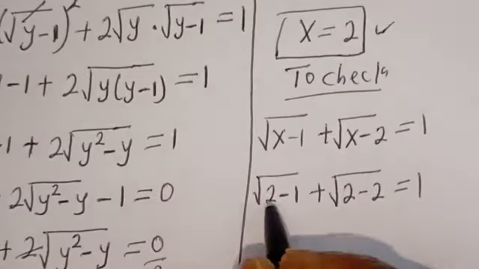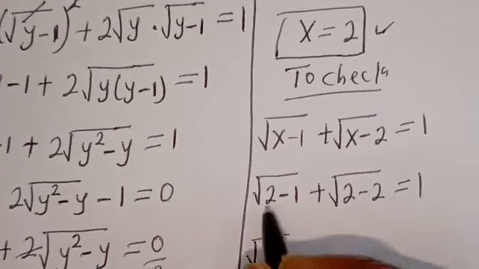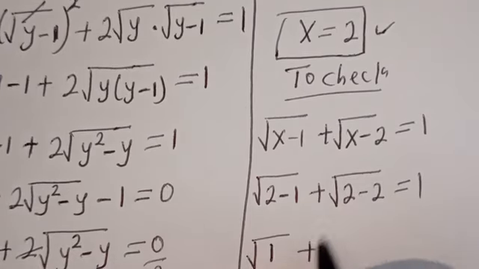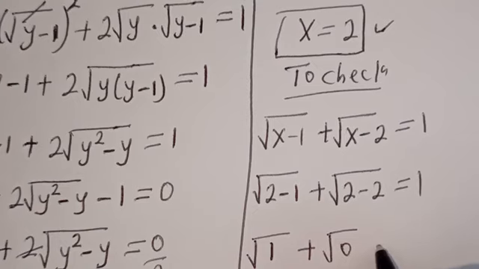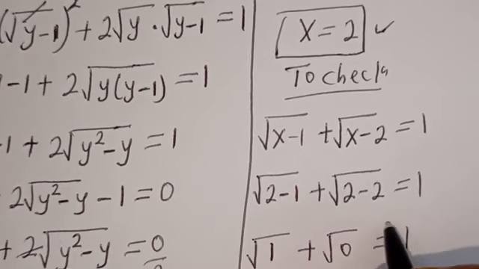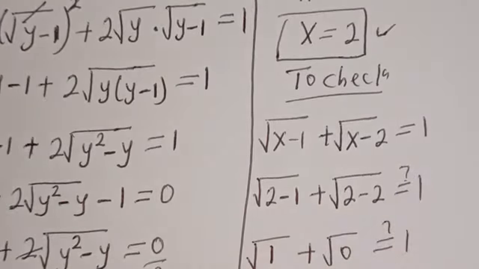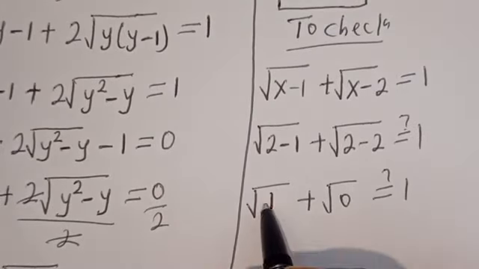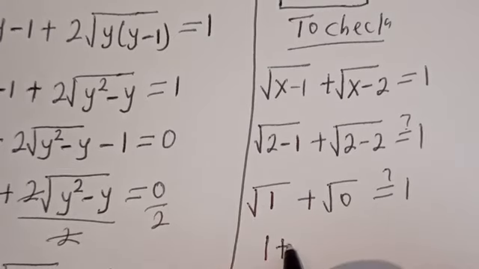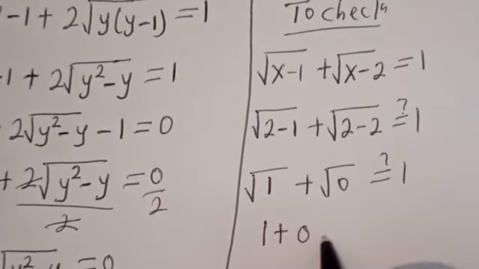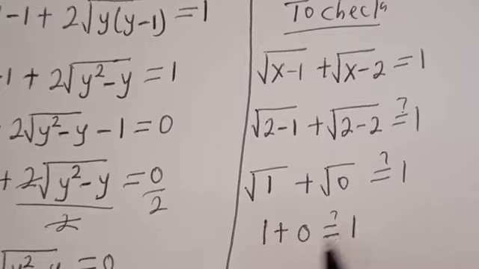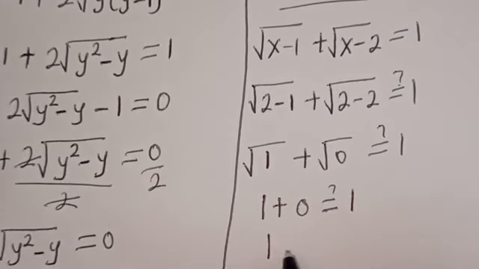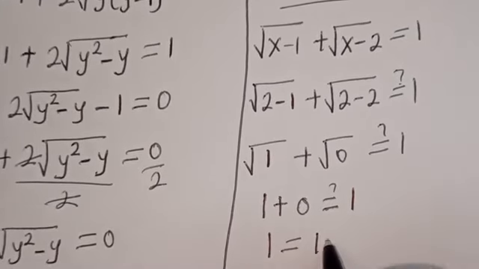Then square root of 2 minus 1, this is 1, plus square root of 2 minus 2, that is 0, must be equal to 1. Here square root of 1 is 1, plus square root of 0, which is 0. 1 plus 0, that is 1, is equal to 1, which is true.